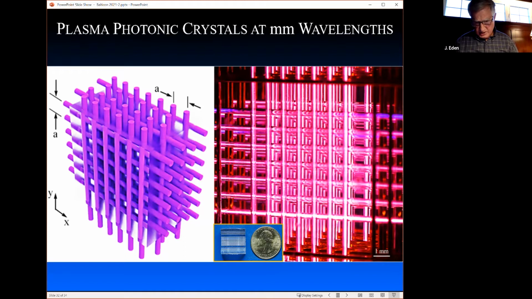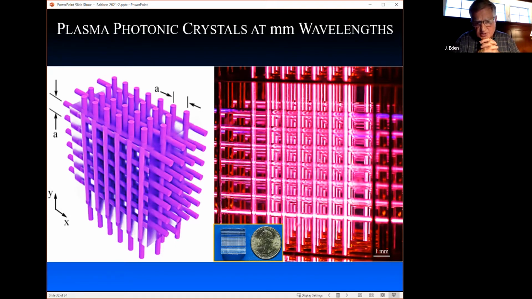It's because each of the columns is made from a plasma and helium gas. When it's energized electrically, it emits this sort of reddish blue color. One of the crystals is shown at lower center, and you can see that it's the size of a US quarter. The active area of the crystal is 26 millimeters square.